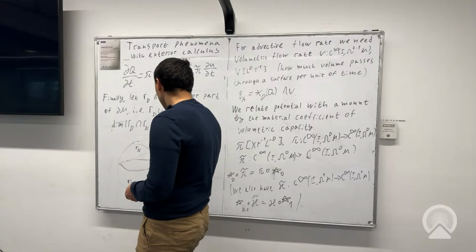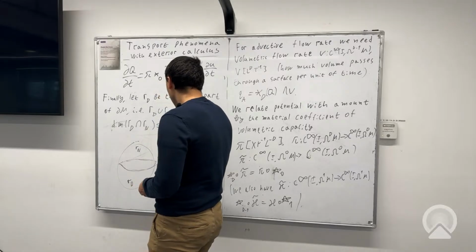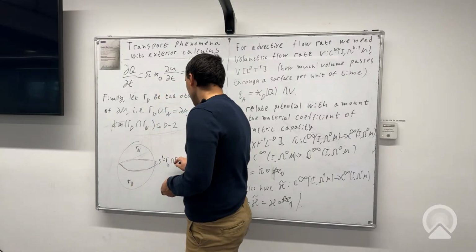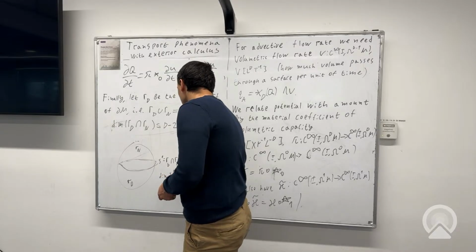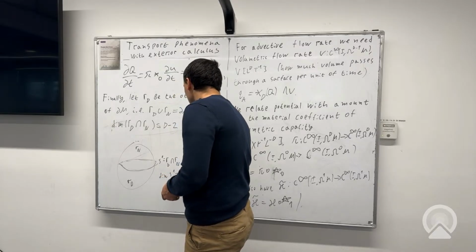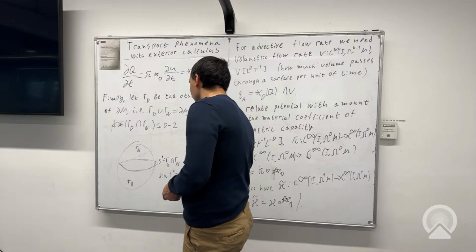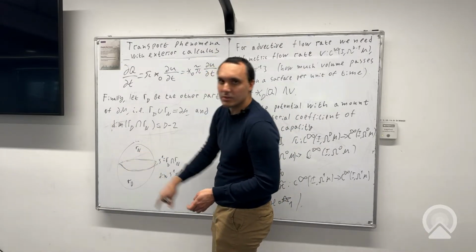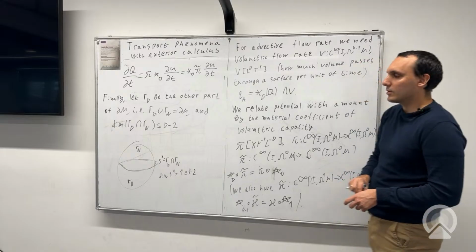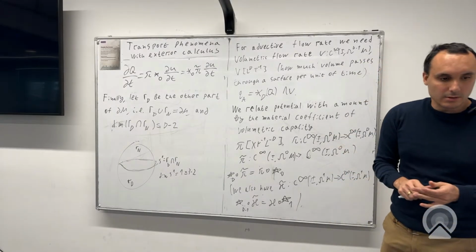So S1 is the gamma d intersection with gamma n, and the dimension of S1 is 1, which is less than 3 minus 2. So these are two-dimensional boundaries, and their intersection cannot be two-dimensional. So they have to cover, in some sense, the space.